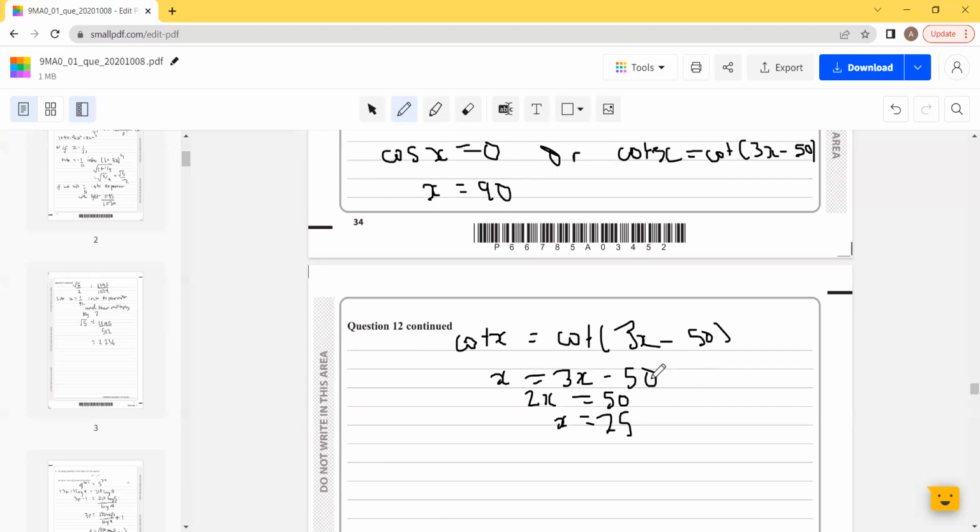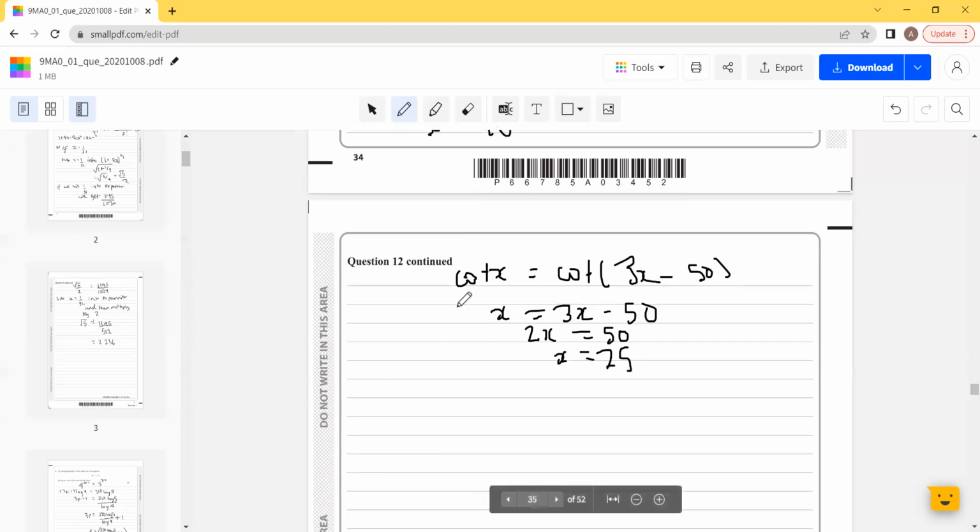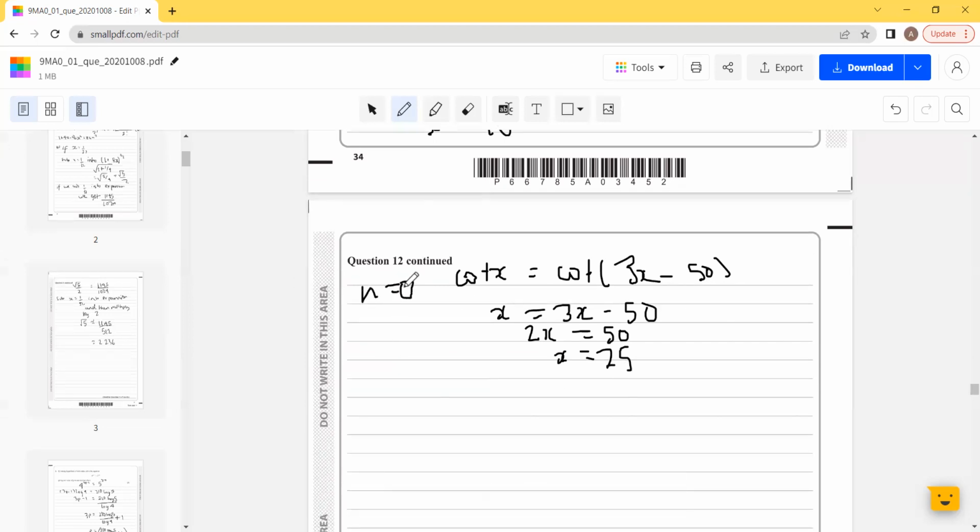When I say n is 0, I simply mean that one value is given to me already, so I can find the other values. So we know one value of x, and this is when n is 0. What I mean by that is to find the next value.